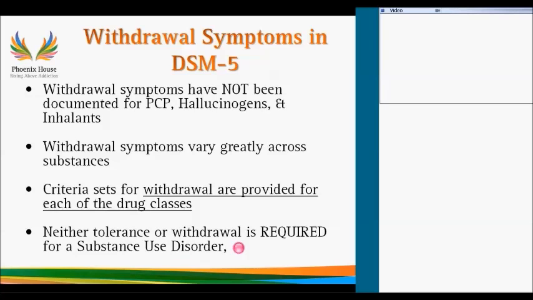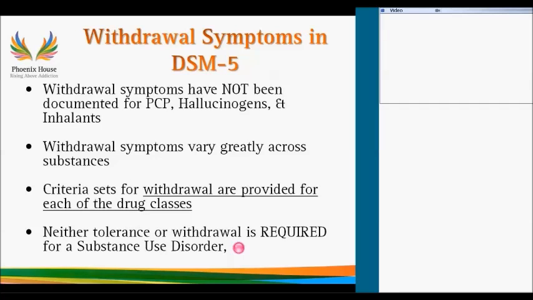And that's the benefit of now having each criteria under the substance itself versus applying abuse and dependency to each substance. Criteria sets for withdrawal are provided for each drug class, and neither tolerance nor withdrawal is required for a substance use disorder. So I think we probably have quite a few questions here.